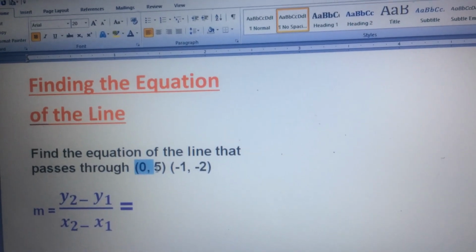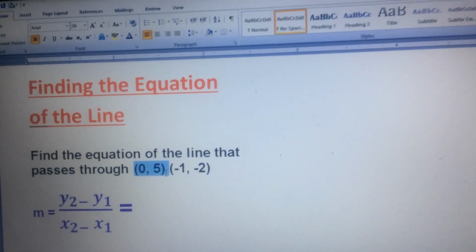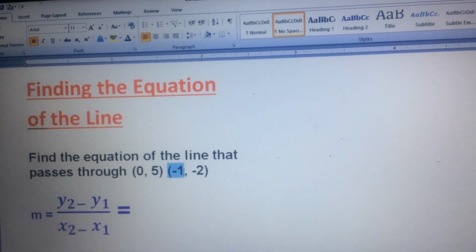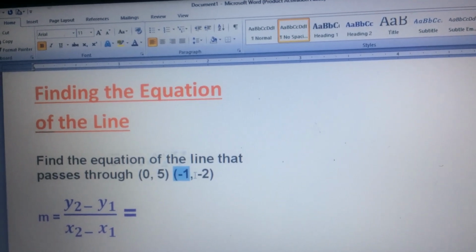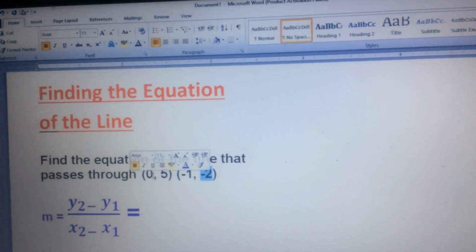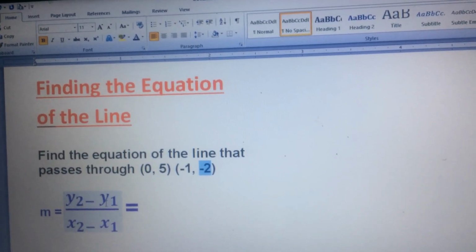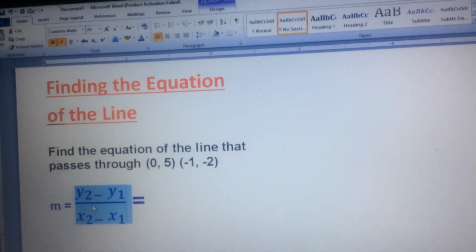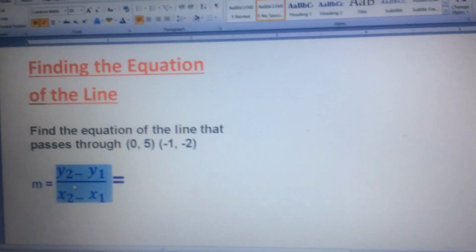So this time we're going to substitute. Consider that this is our x sub 1, y sub 1, and this is our x sub 2, y sub 2. So I'm going to substitute these points to this formula.